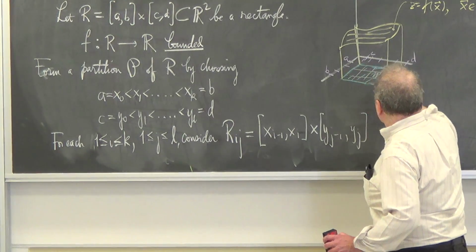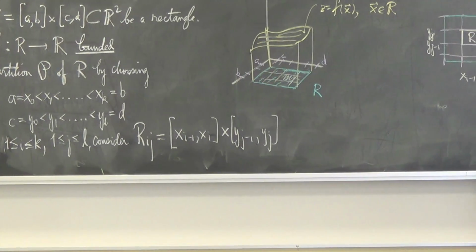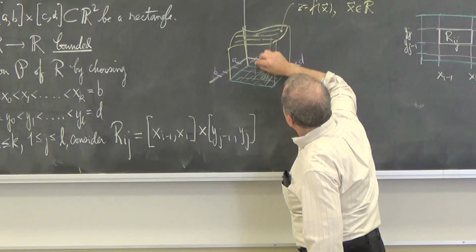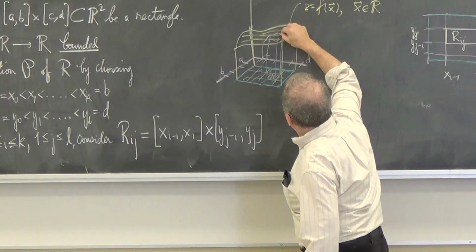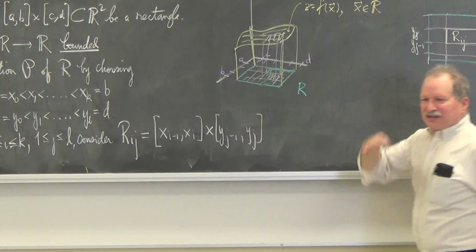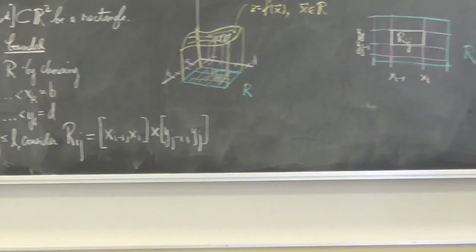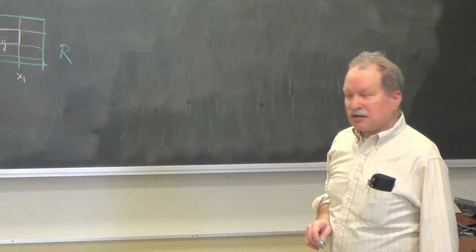And I'm taking a typical such piece. And I'm going to say, okay, let's approximate how much volume is under here in this little piece. Well, I'll take the highest mark over that piece, and I'll take the lowest mark over that piece and make boxes with those heights.